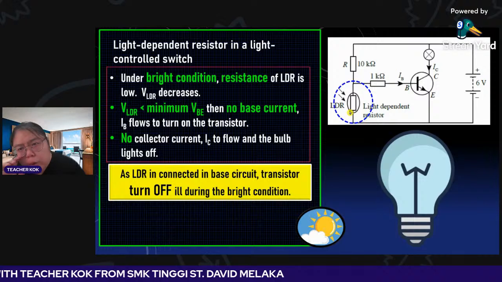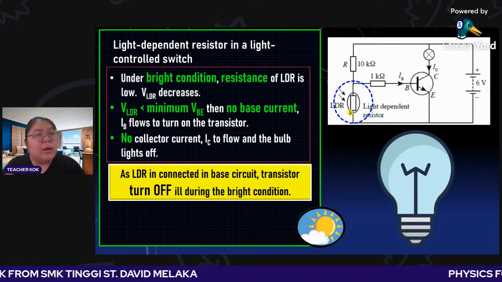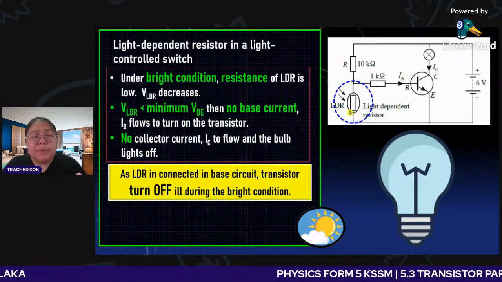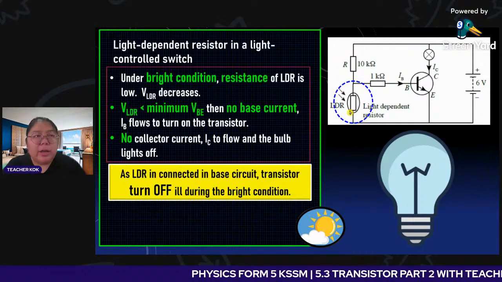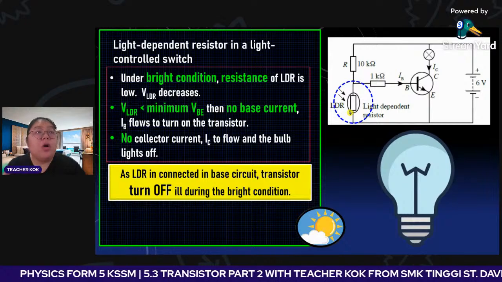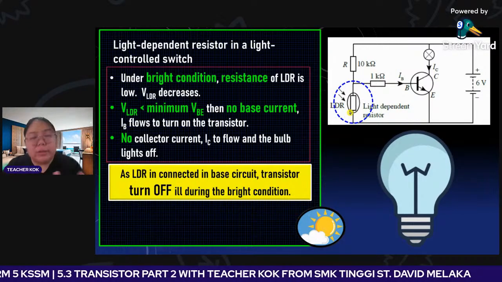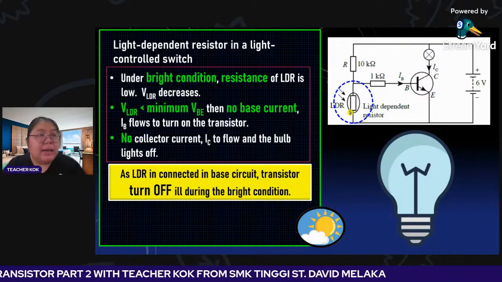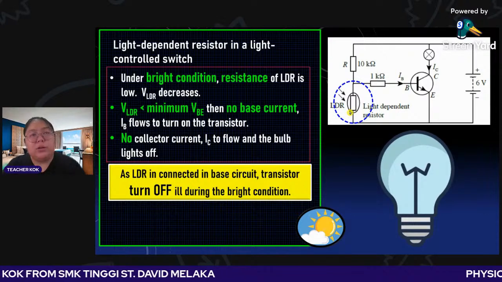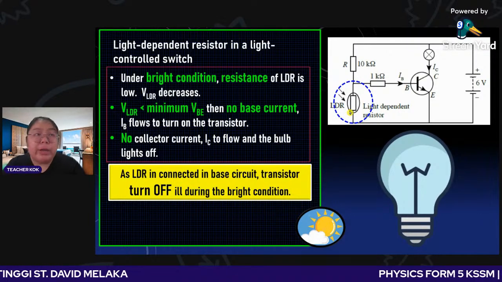Not only for the light, you can also apply it for a door. During the morning, workers come to the factory, and it will automatically turn on, meaning the door opens. They detect the light, so during the day, when it is morning, the door automatically opens and the workers can go in.